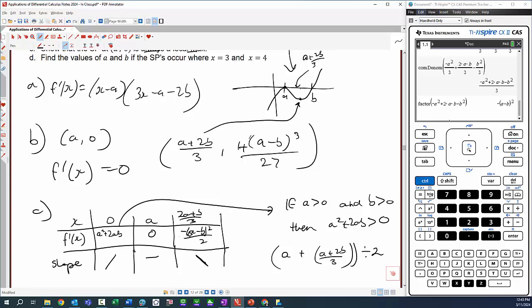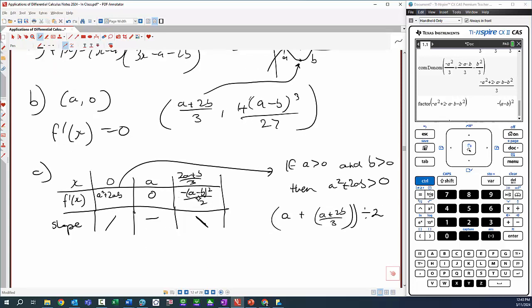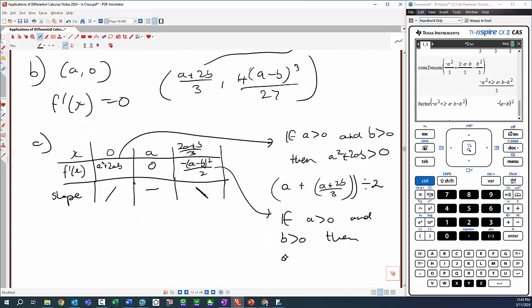And what we know is that this is a negative number, and the reason we know that is if a is greater than 0 and b is greater than 0, then a take b all squared is greater than 0. So this is enough to make the conclusion.